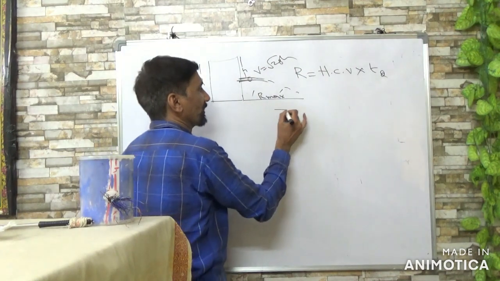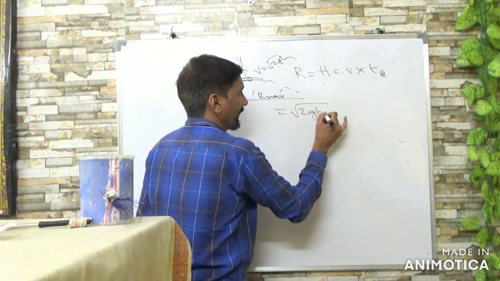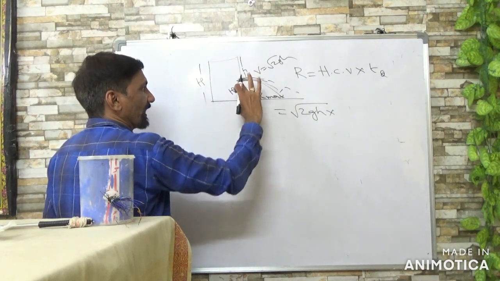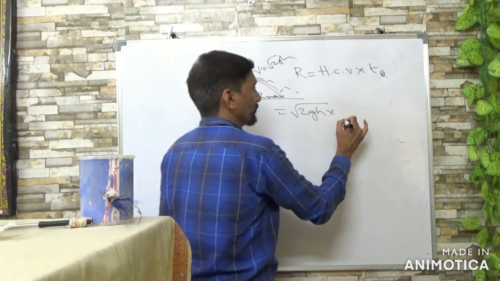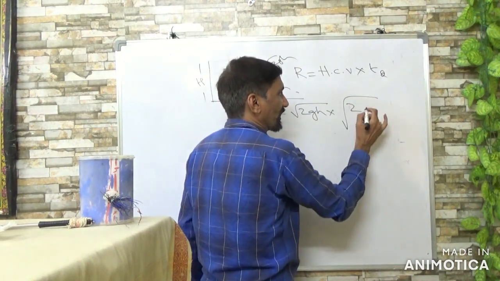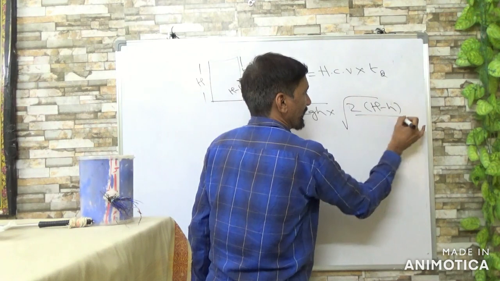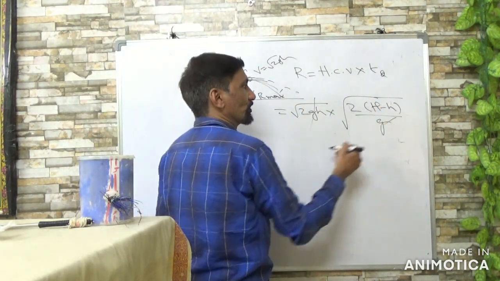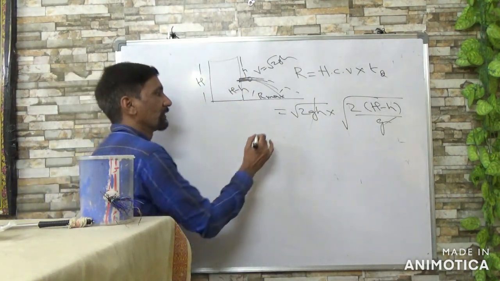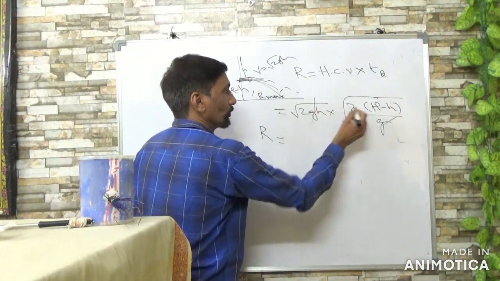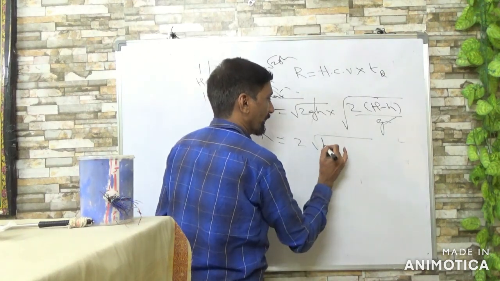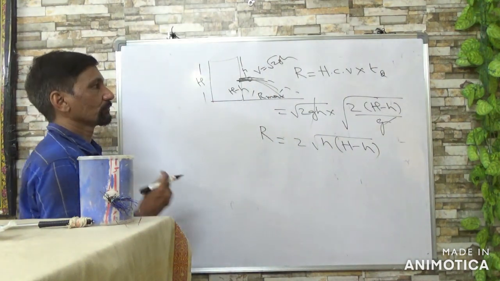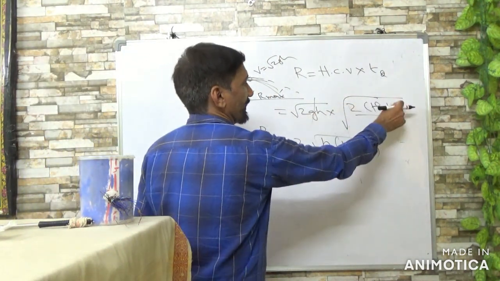The time of descent, since it is allowed to fall through a height H minus h, is under root 2(H minus h) by g. So this root g cancels, and range is equal to 2 into root over h of H minus h.